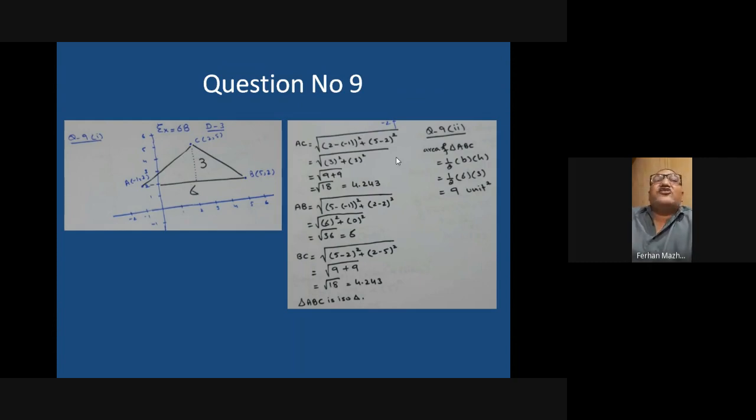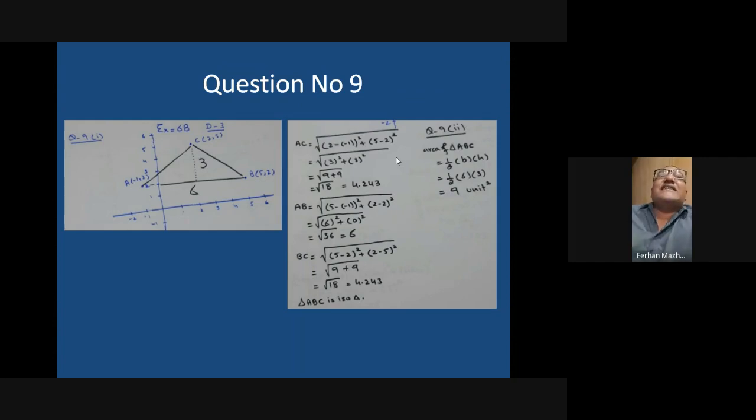Then we applied the distance formula on the AB, the coordinates of B and A, and we found that the length of the AB is 6. In the same way, we applied the distance formula on the BC side, and we took the coordinates of B and C, and we came to know that the length of BC is 4.243.